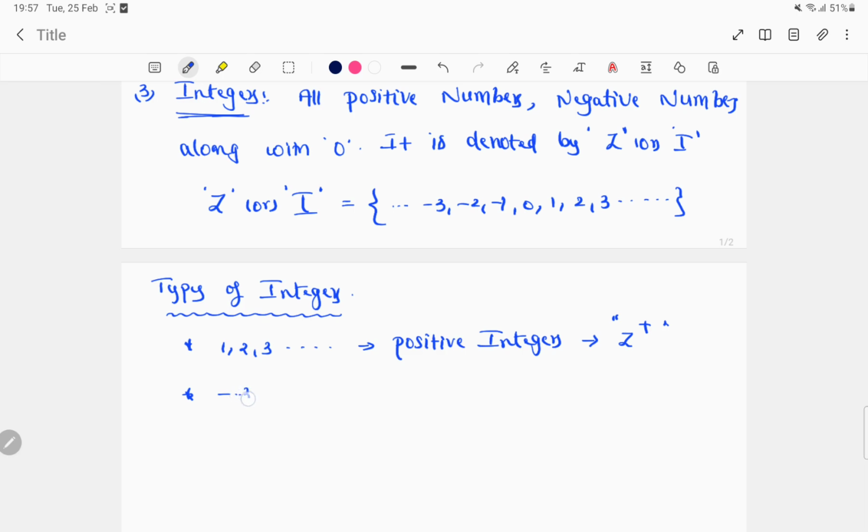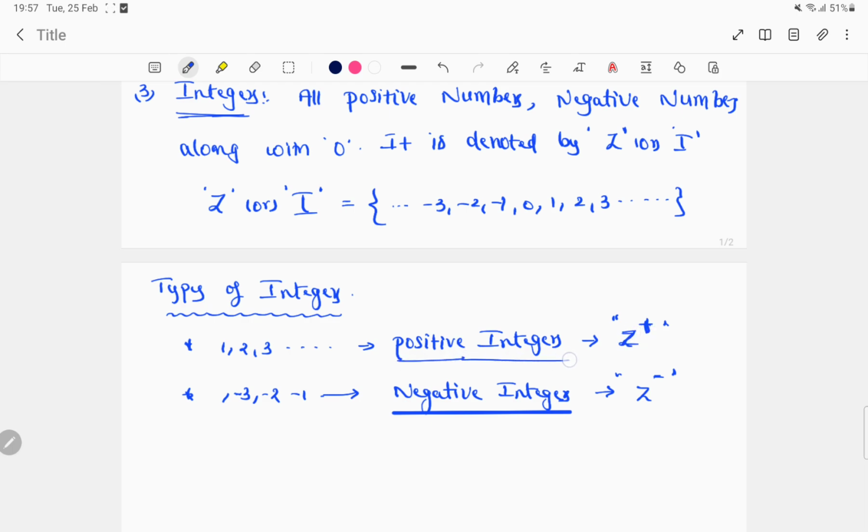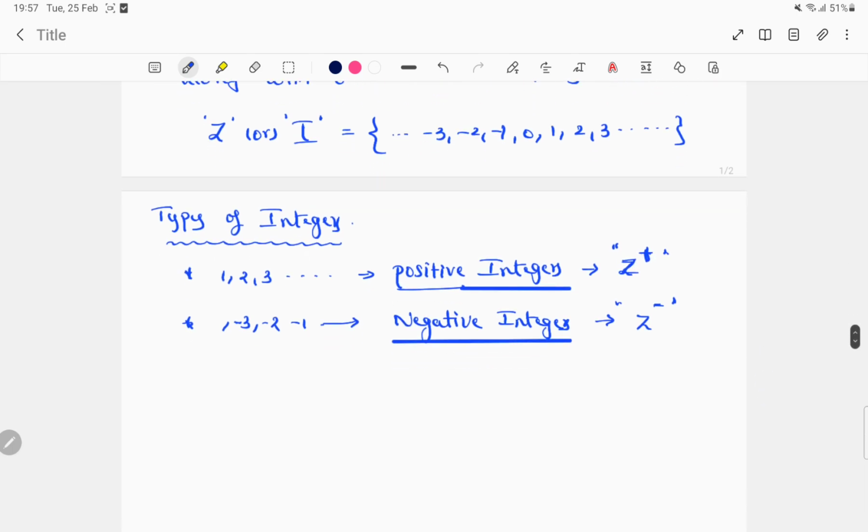And -3, -2, -1 are called negative integers, which is represented by Z minus. You can remember: minus means negative, Z means integer, so negative integer. Plus means positive, so positive integer. Like that you can remember easily.